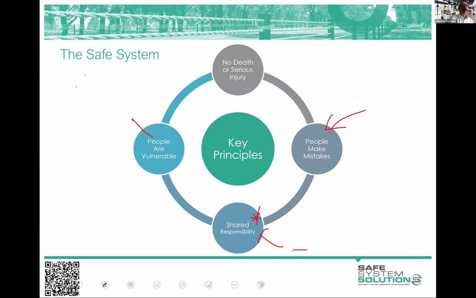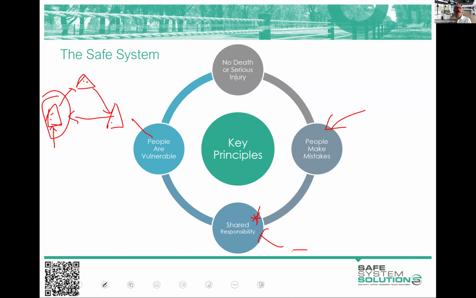If a crash happens, and they look and the road user has done something inappropriate, they say, what do we need to change in the system for that? And then it's back to there. If you then have another crash, it is always coming back to the system designers for what we can change in the system.